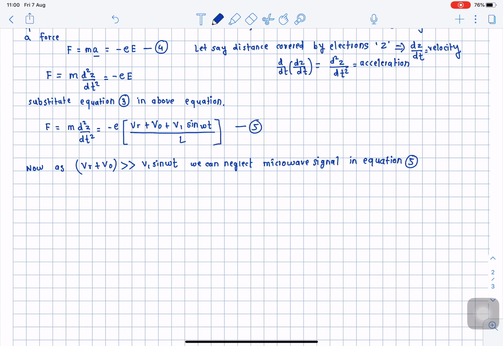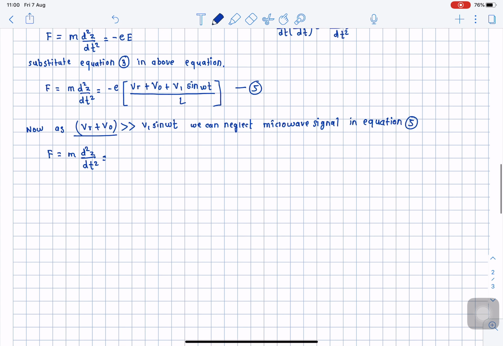As we know, the magnitude of repeller voltage and DC voltage is very much higher compared to the magnitude of the microwave signal, so we can neglect the microwave signal and rewrite the same equation as F is equal to m d2z upon dt square as it is.